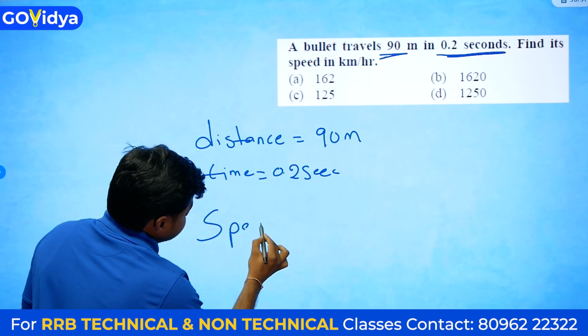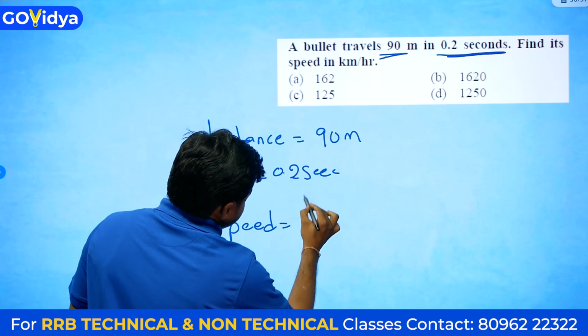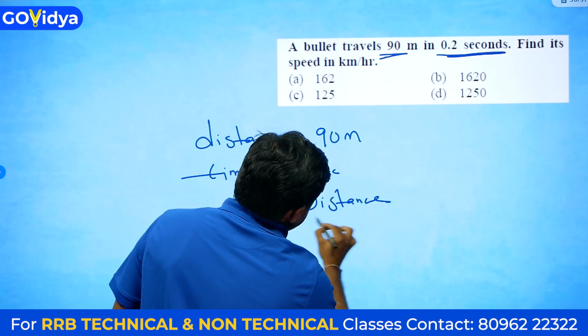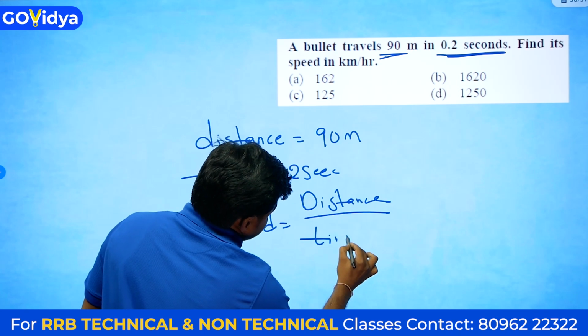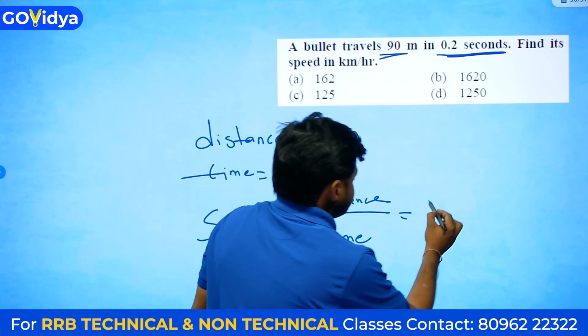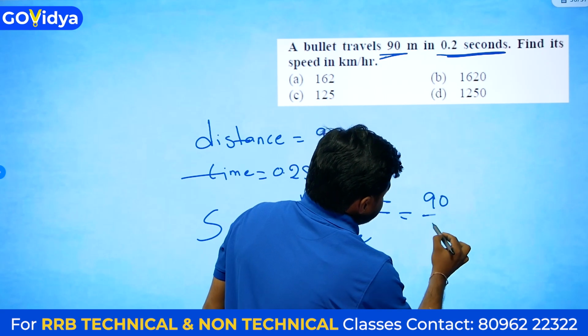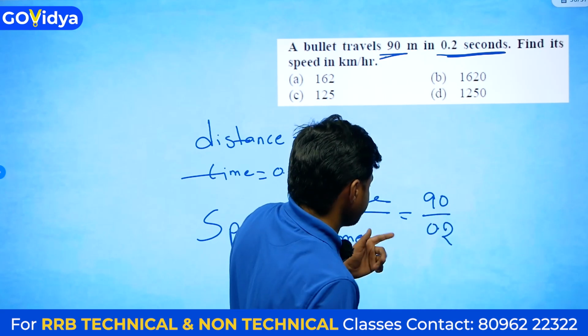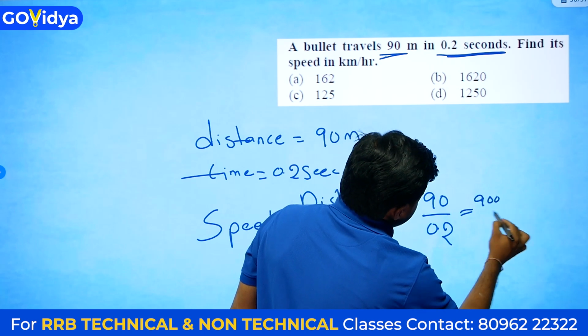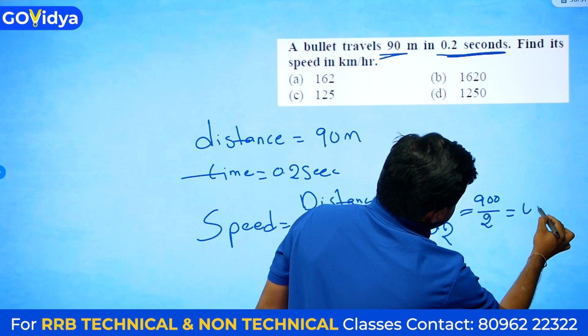Speed is equal to distance by time. What is the distance? Distance is 90 meters by 0.2 seconds. Okay, from here we will get 900 by 2 is equal to 450.